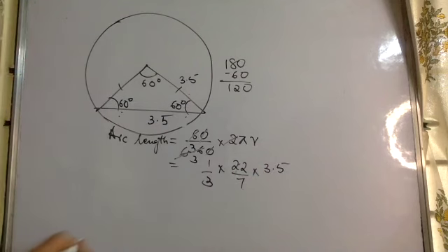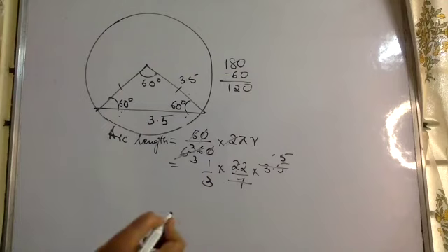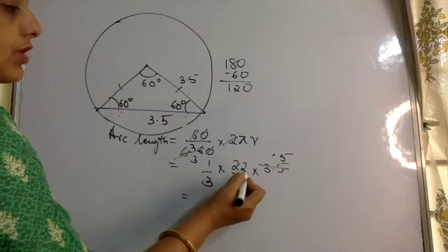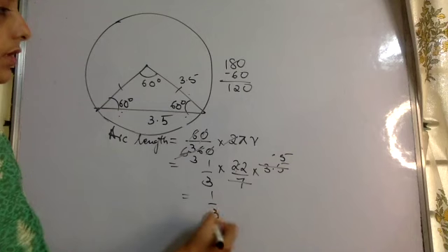Now this is 22 into 0.5, which gives me 11.